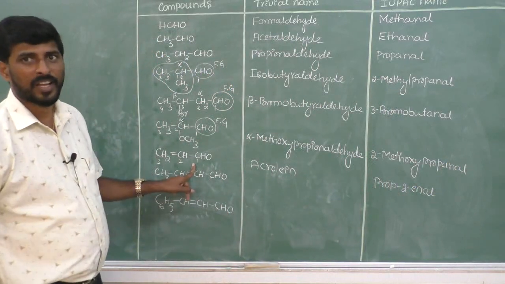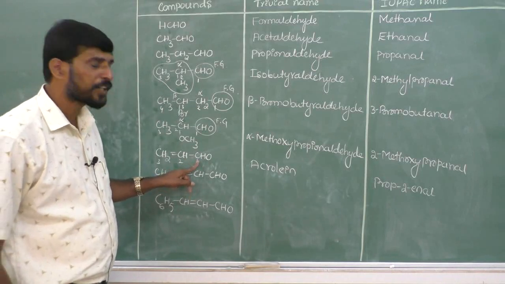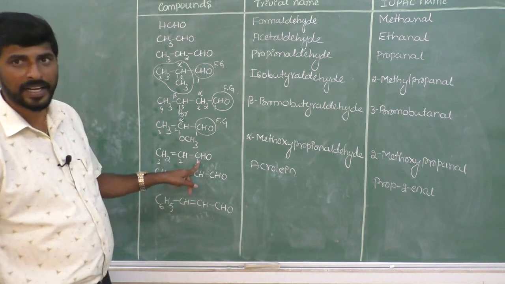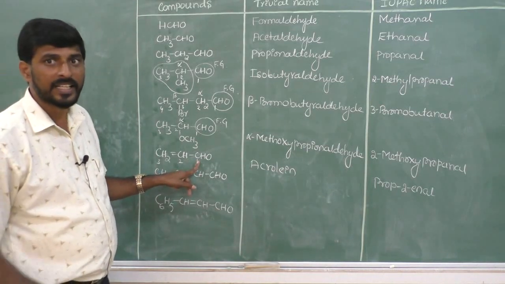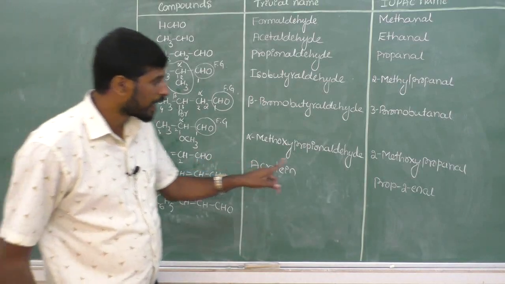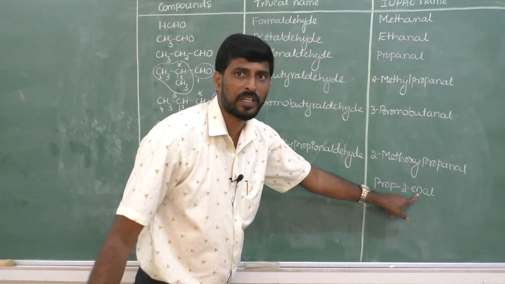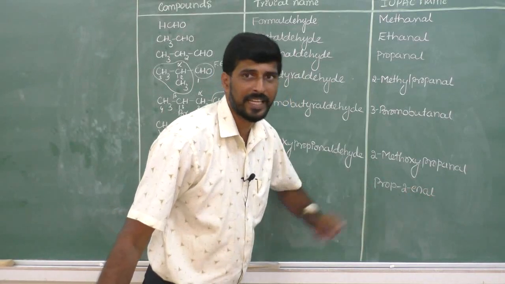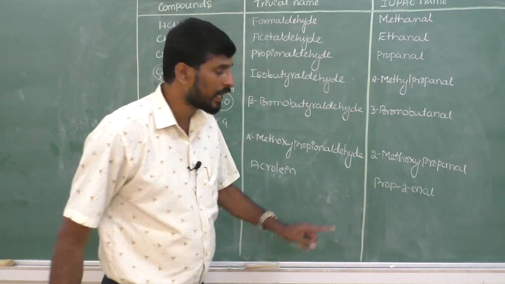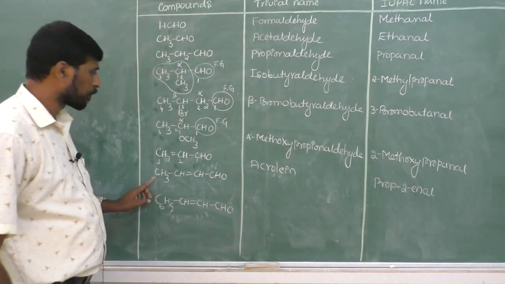Please remember, what is very important here is that this functional group ends with the suffix -al. Therefore, the last terminal e of the corresponding hydrocarbon should be replaced with al. Here, prop-2-enal.